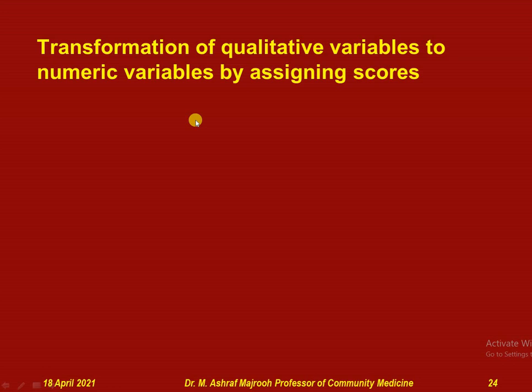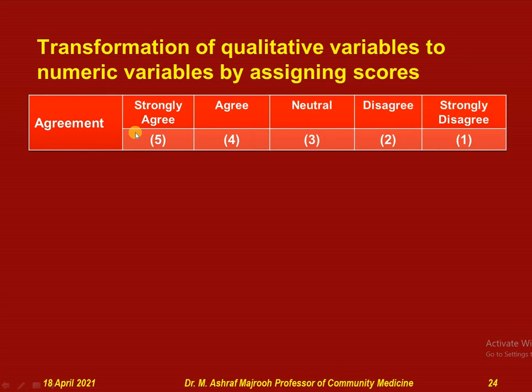Transformation of qualitative variables to numeric variables by assigning score. That is another condition in which we change the data originally collected in qualitative variables and then numeric scores are assigned. This is the Likert scale for agreement: strongly agree, agree, neutral, disagree, strongly disagree.